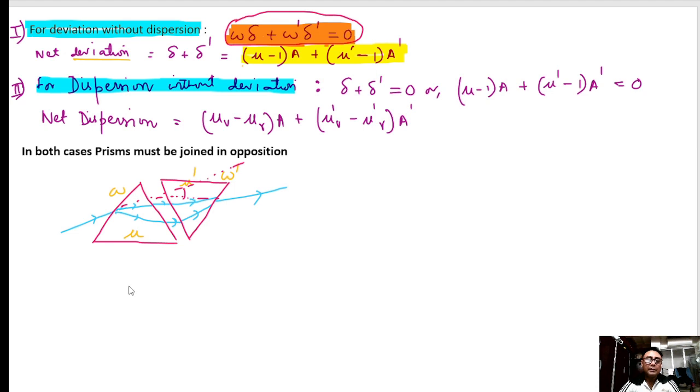That means if this is the prism, if a ray of light is going like this, this is the deviation.